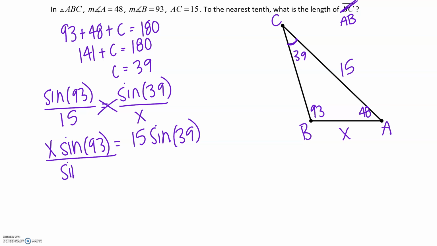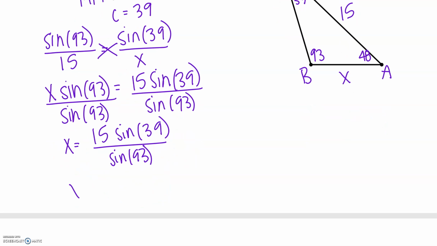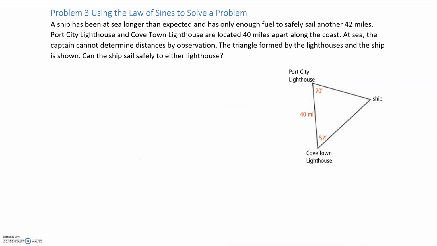We're going to divide both sides by that sine of 93, which leaves us with X equals 15 sine of 39 over sine of 93. When we put that into our calculator, that gives us about 9.5. So 9.5 is going to be our answer. We go on to the next page.